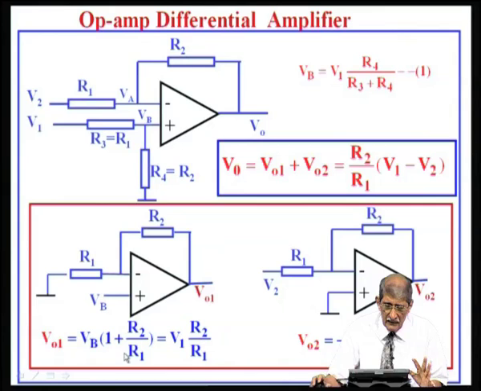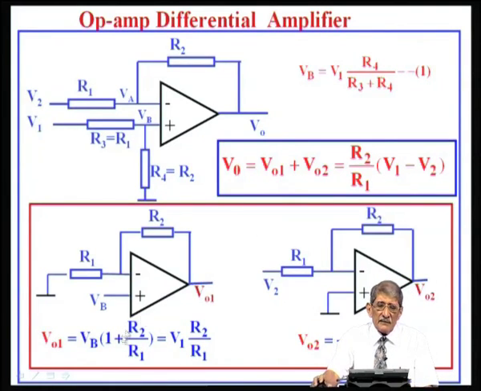So, R 2 by R 1 plus R 2, the R 2 plus R 1 in the numerator cancels with R 1 plus R 2 in the denominator and you get R 2 by R 1. So, for this amplifier the gain is V 1 into R 2 by R 1. The other term goes off because V b is now applied through this resistor.